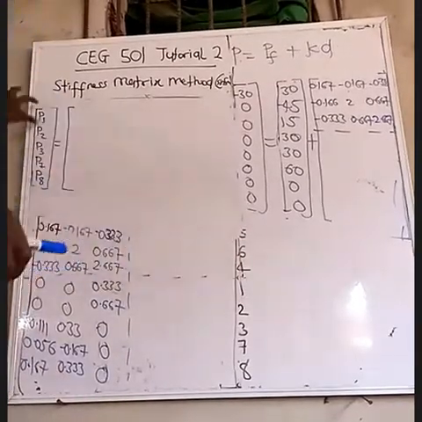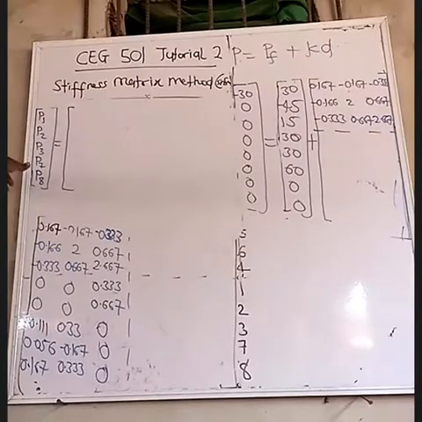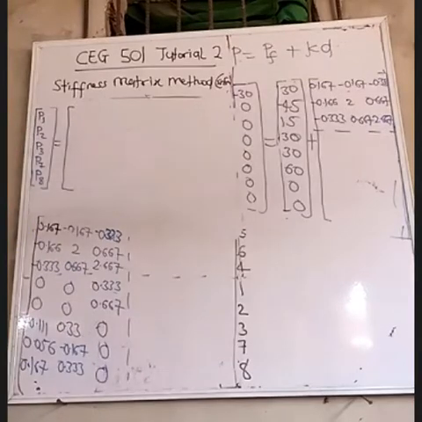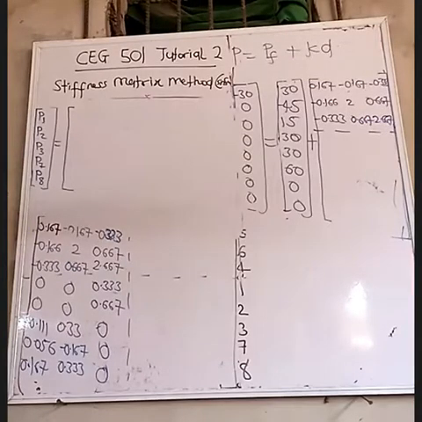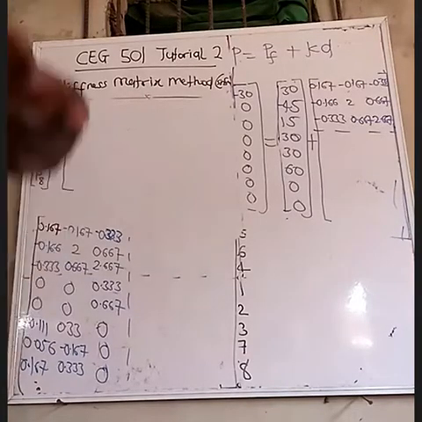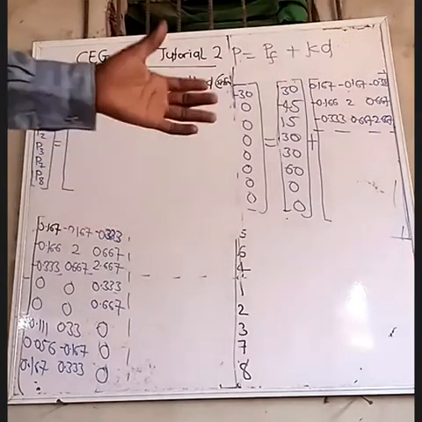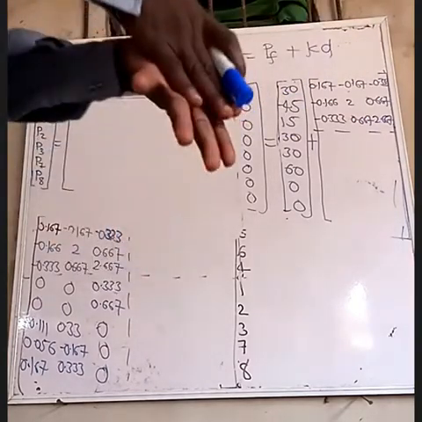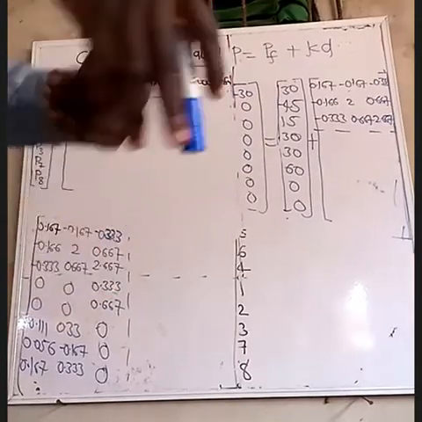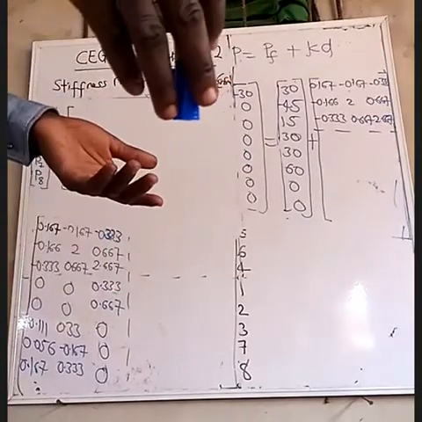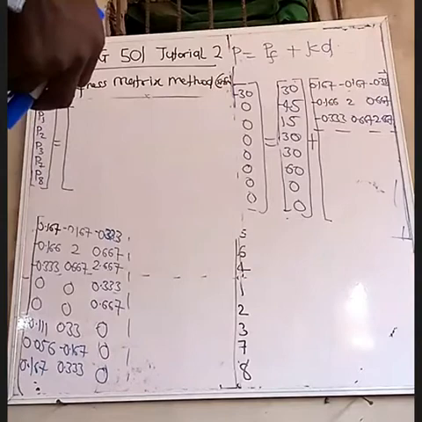That will enable us to calculate P1, P2, P3, P7, and P8. Mayowa, is that clear? Because if we go by what you are saying, that means there is no reaction and no movement at that fixed end, which is not so. Is that clear?